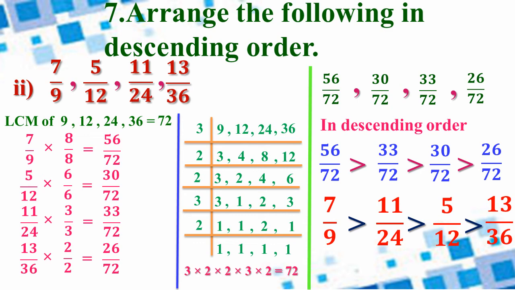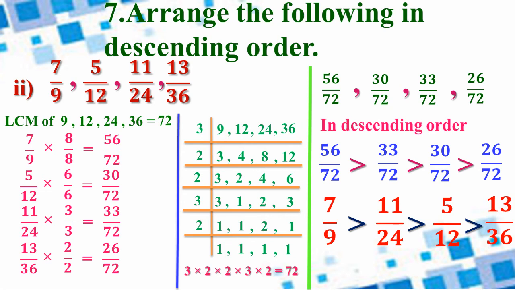The equivalent fraction of 56 by 72 is 7 by 9, of 33 by 72 is 11 by 24, of 30 by 72 is 5 by 12, and of 26 by 72 is 13 by 36.